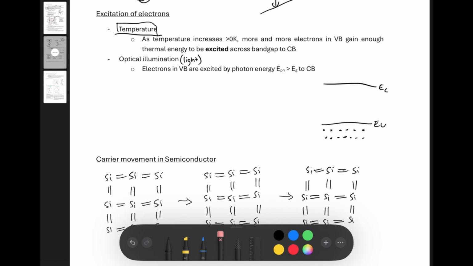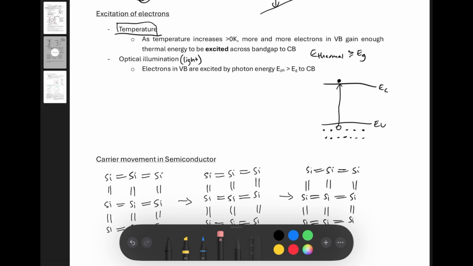For example, if one of the electrons gains enough thermal energy, where the thermal energy is larger than or equal to the band gap energy, it will form a hole here and be excited to the conduction band. Again, remember that nothing can exist in the forbidden band, so it cannot be excited halfway.